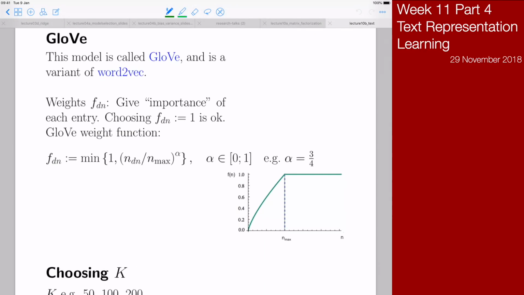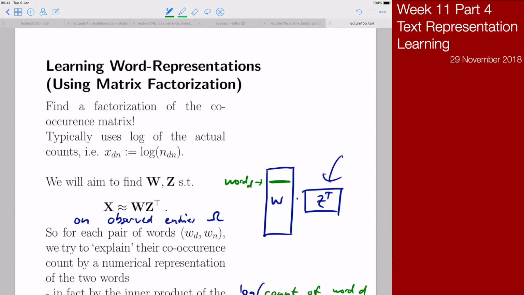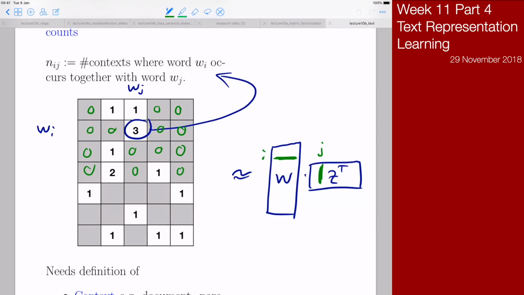Okay, so what they use is a bit weird, but that's exactly what I mentioned. You want to have an importance for a word or for two words appearing together. So basically, which of these entries, the white ones, sorry, how should they be weighted?